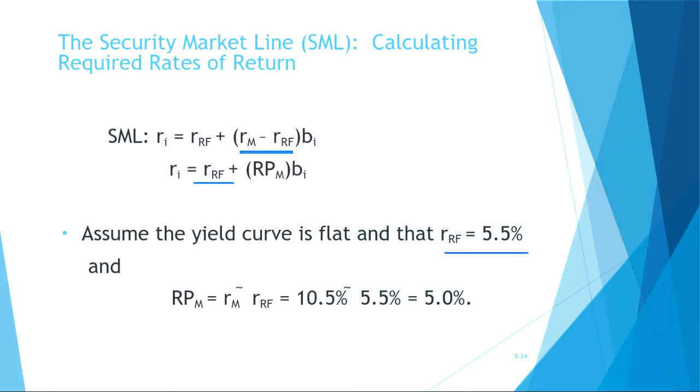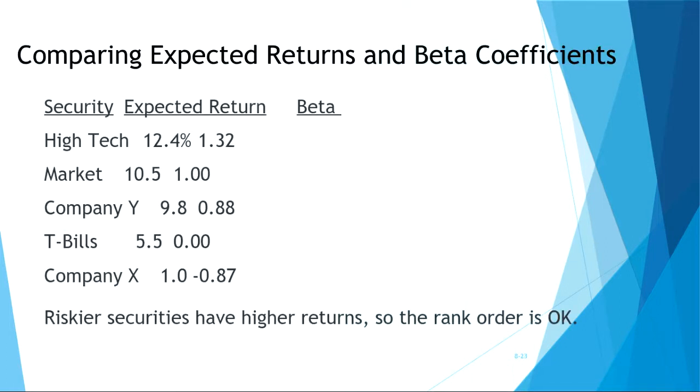The T-bill rate is the risk-free rate. The market index rate is 10% minus 5.5%. So the risk premium is calculated as 5%. From the previous slide, we know the beta. So we can calculate the required, not expected, required return.